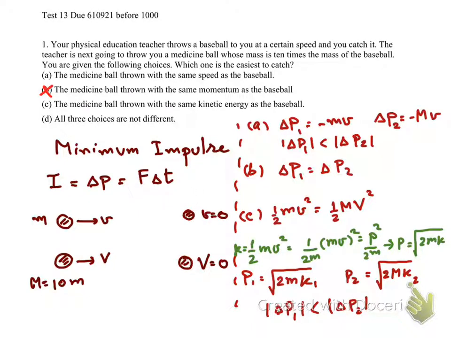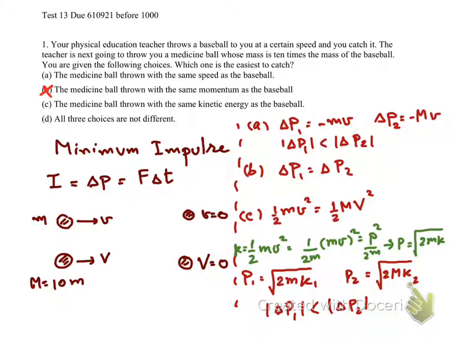Okay, so if you say that the ball can be easily caught, it means that it uses the minimum value of force or the minimum value of time or both, right? So we want the minimum value of F or the minimum value of t to catch the ball. It means easy to catch.